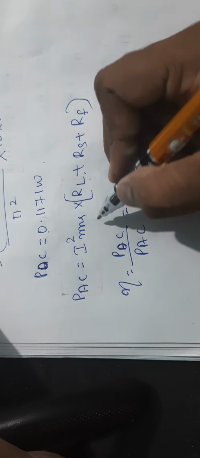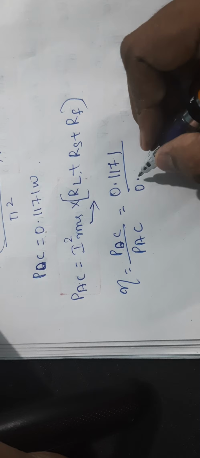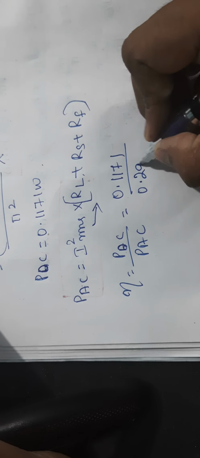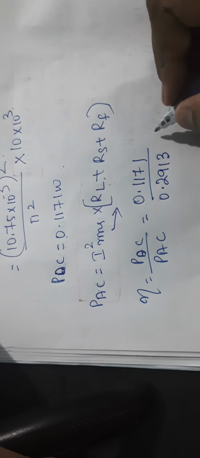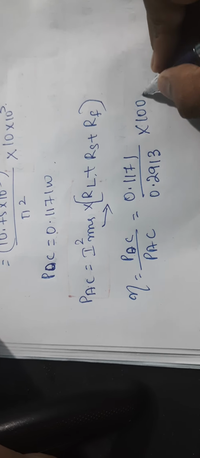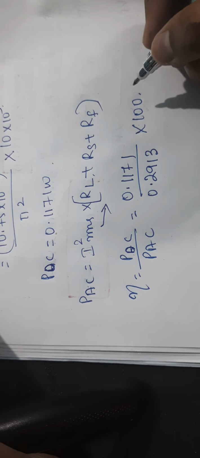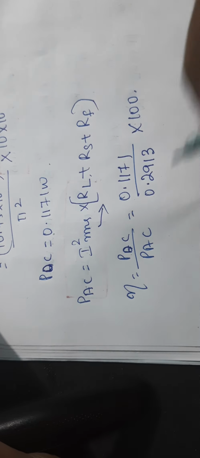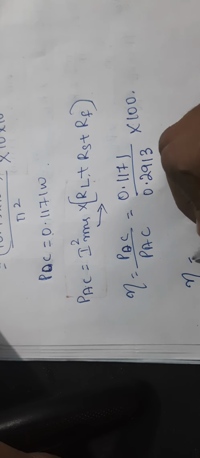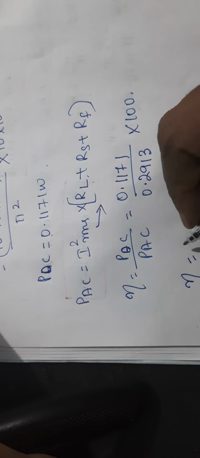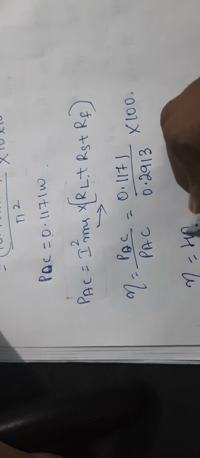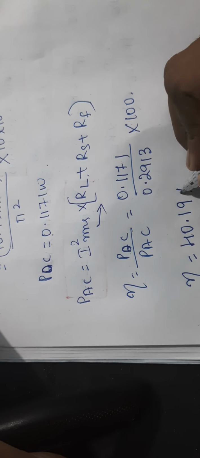See, both are PDC. Okay, now PAC you have to substitute in this formula. Then you will get this value, 2193, into 100 you do. Okay, this is for the PAC formula. Then efficiency you calculate, which will be in terms of percentage, which is around equal to 40.19.